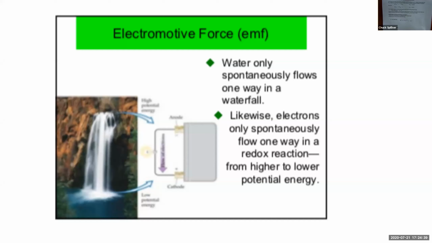The same goes for these galvanic cells. If you look at the anode and the cathode, if the anode potential is greater than the cathode potential, the electrons will flow from the anode to the cathode. You can think of the electrons as going downhill from a higher place to a lower place, if you will.